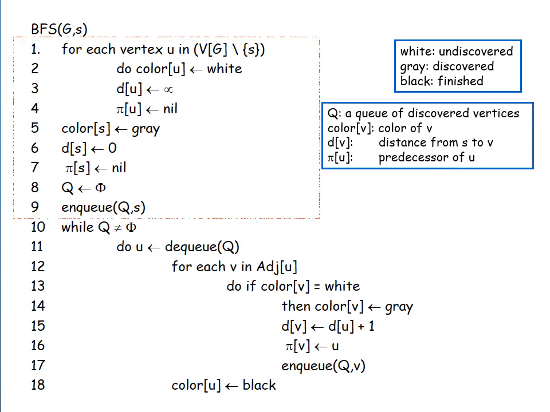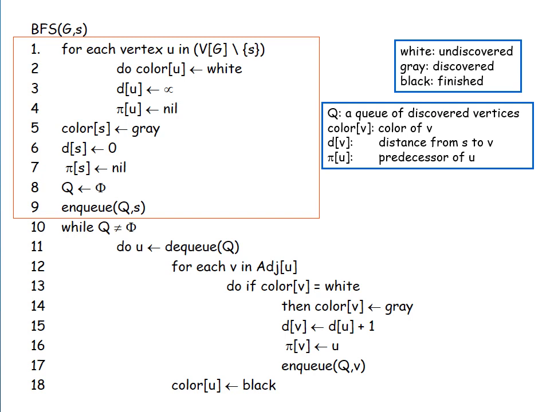Here is the algorithm that we have described. We begin in steps 1 through 4 to color all the nodes, all the vertices. I'm using node and vertex as synonyms. We color all those vertices white, that is to say, as undiscovered.